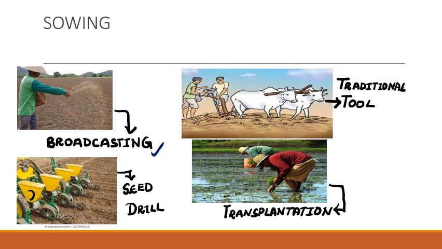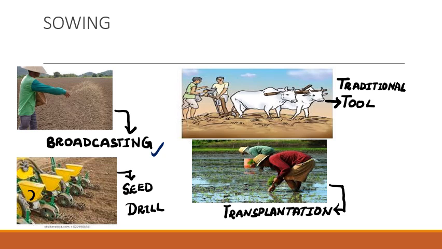It is a traditional and ancient method, where seeds are sprinkled with hands on the prepared soil. But the disadvantage of this method is that it results in an unequal distribution of seeds in the field.